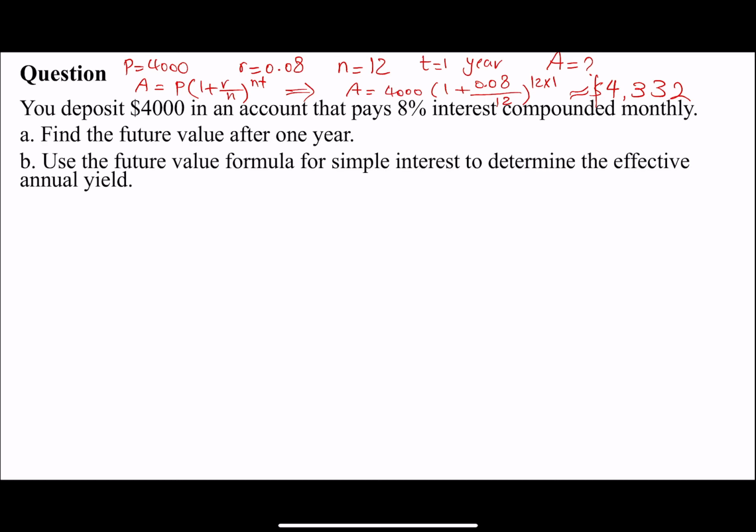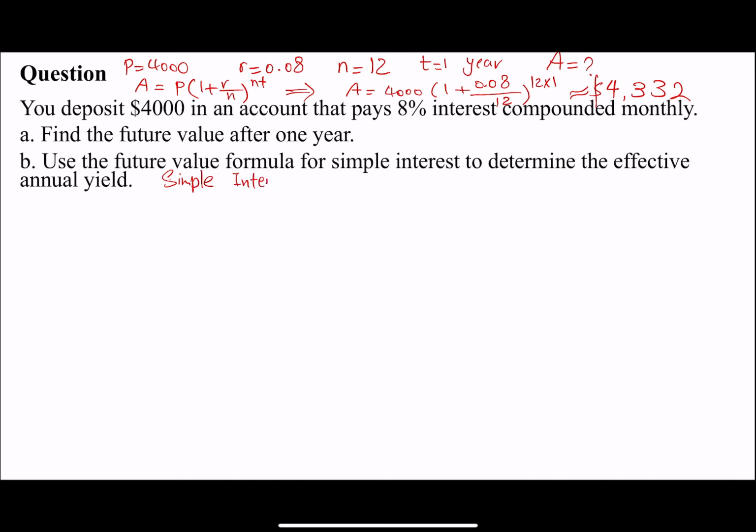Now part B. It says use the future value equation for simple interest to find out the effective annual yield.